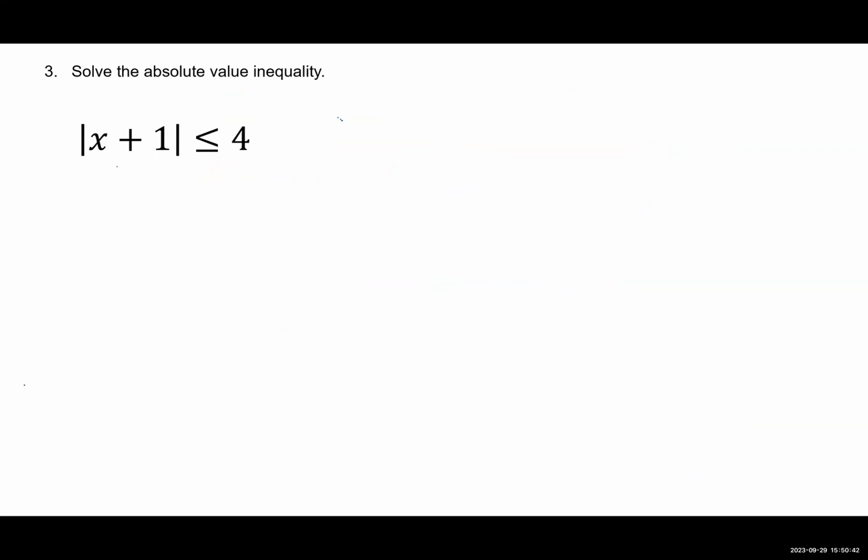Okay, so absolute value less than a number. And this is always true, 100% of the time, if you have the absolute value by itself on one side. Now, if we had the absolute value of x plus 1, plus 3 was less than or equal to 7, we've got to get rid of the 3 first.